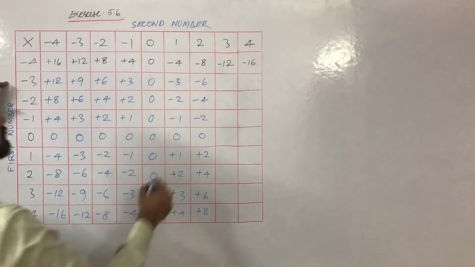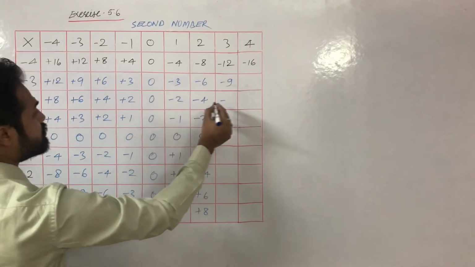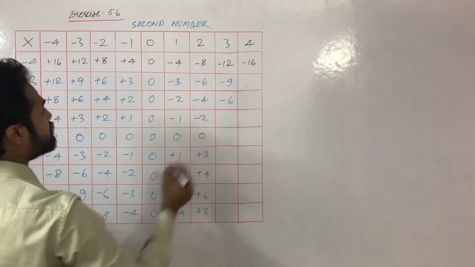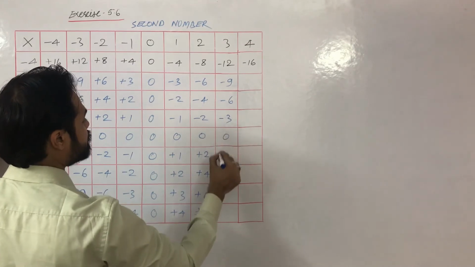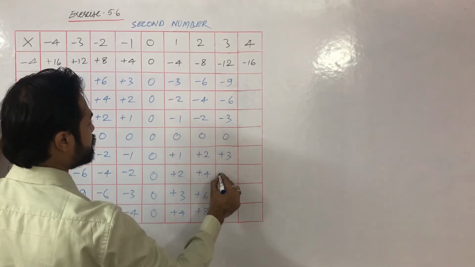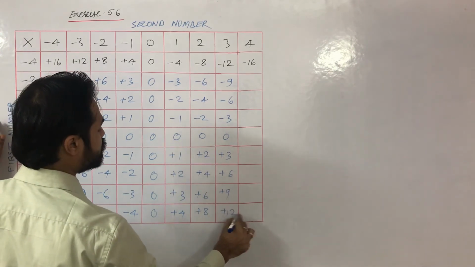Then by 3, 3 3s are 9, minus 9, then 3 into minus 2, minus 6, 3 into minus 1, minus 3, again 0, plus 3, plus 6, plus 9 and plus 12.